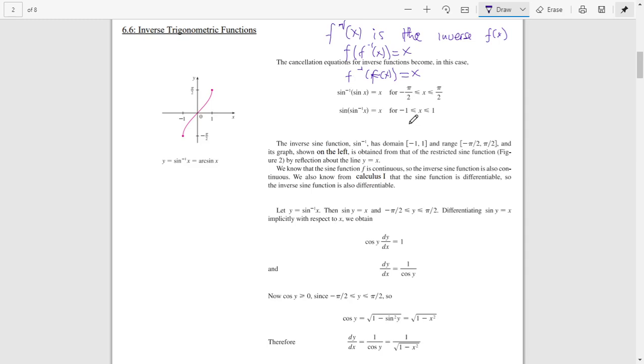Now notice that the x's here come from 2 different sets. At this point, x is taken by the inverse function, so x should come from -1 to 1 for it to be able to go into this inverse sine function. Remember, we said that the domain of the inverse sine function is from -1 to 1.